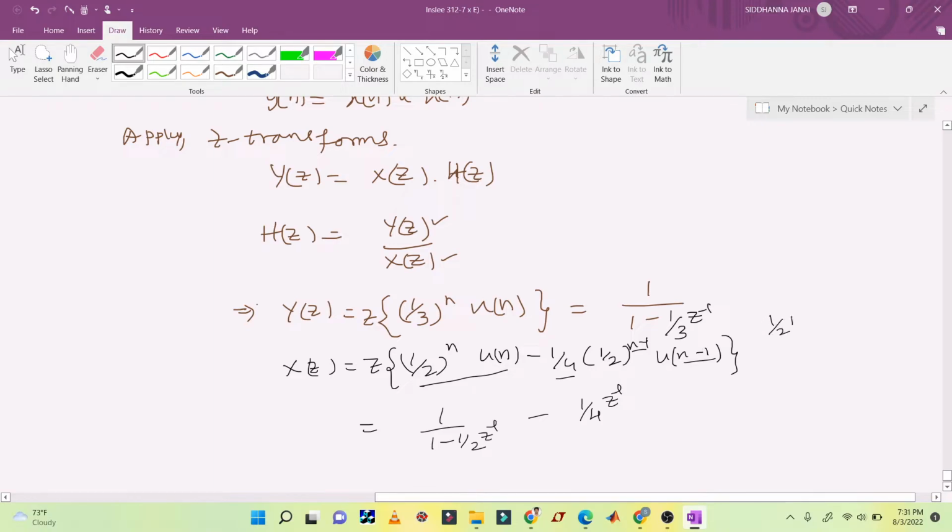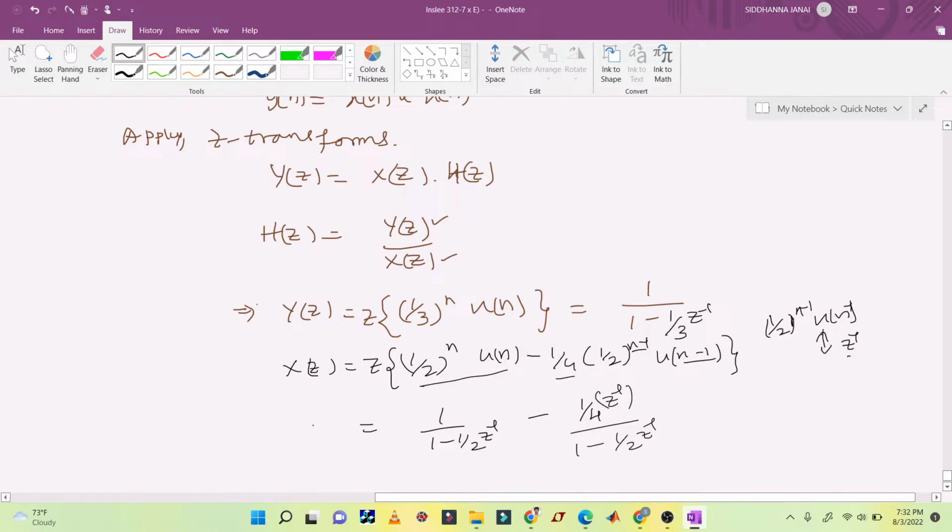Instead of having 1 by 2 to the power n u of n, we are shifting it by minus 1. In the z transform, we multiply the answer with z inverse. That is why we write z inverse, divided by 1 minus 1 by 2 z inverse.